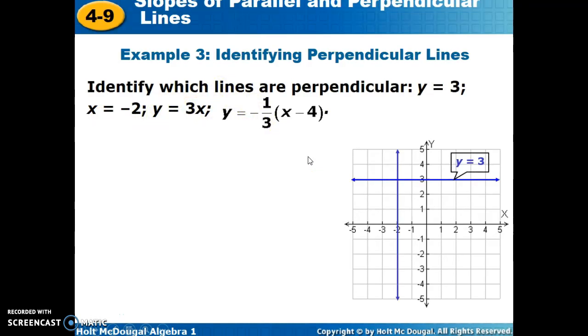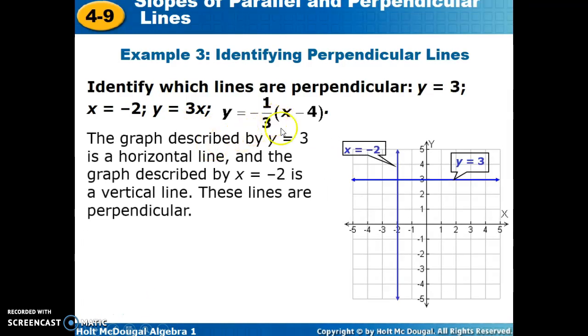So we graphed the first two that we talked about. We're going to check the second two lines. We have a slope of 3. This is our negative 1/3. And this is our positive 3. And we can just tell that 3 and negative 1/3, if we were to multiply those two together, we would see that they give us a product of negative 1.